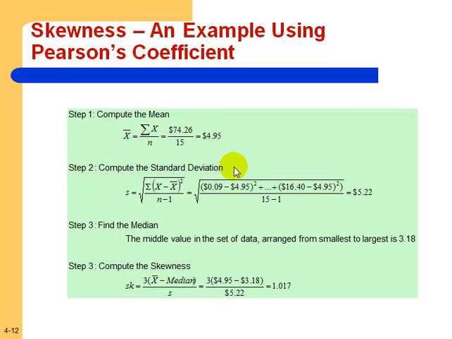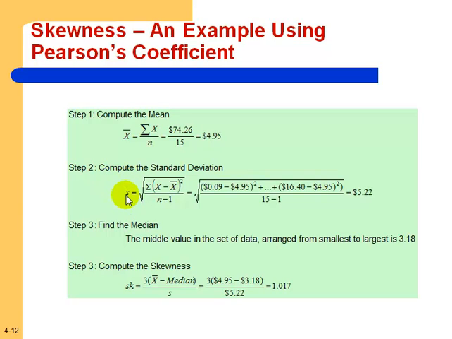Step 2, compute the standard deviation. Pay a little bit of attention here, because this group of data are samples. They are not a population, so we use S. S indicates the sample standard deviation, while we use sigma to represent the population standard deviation.